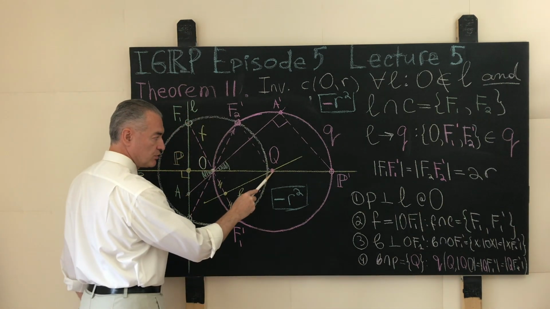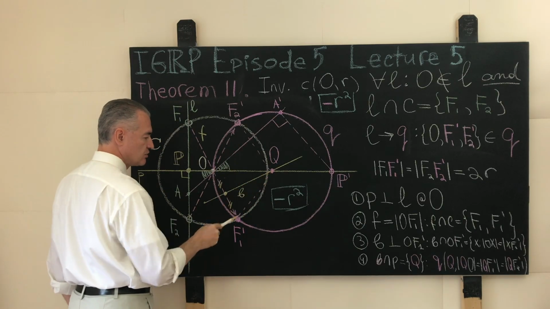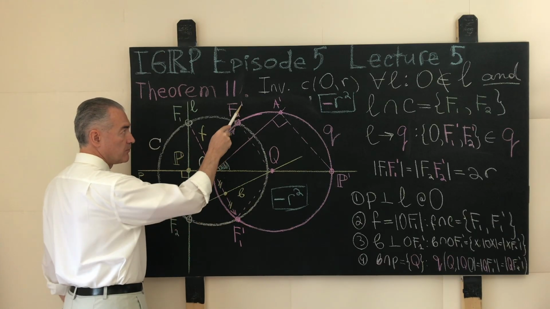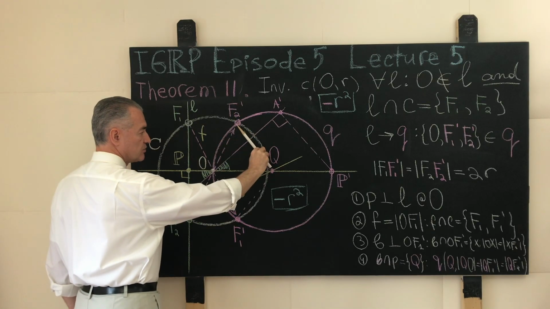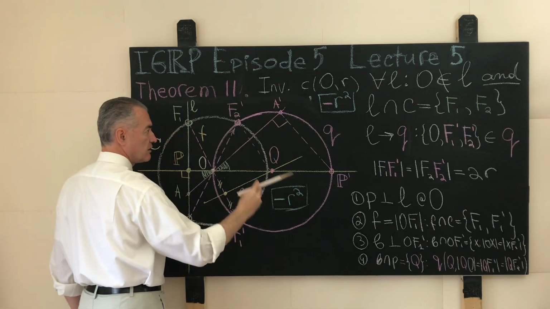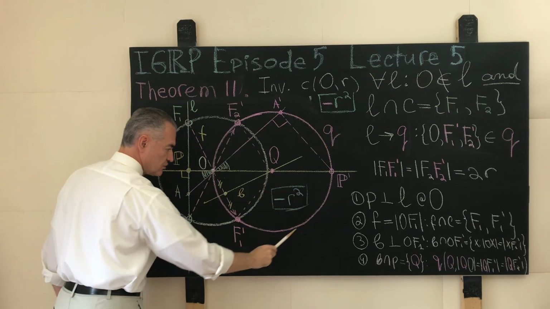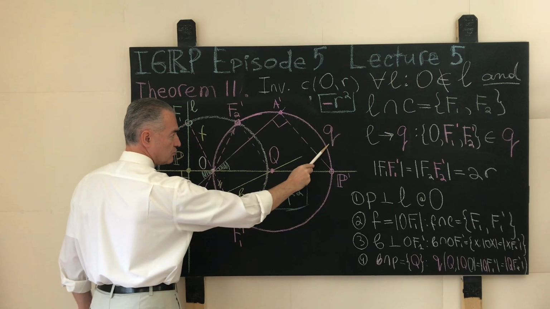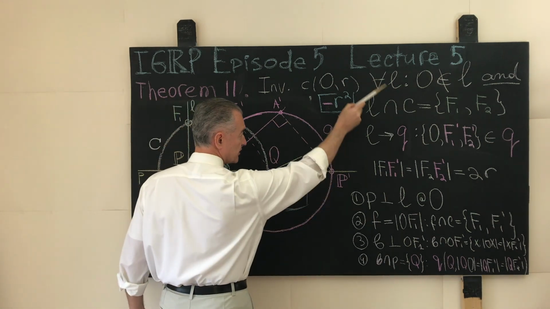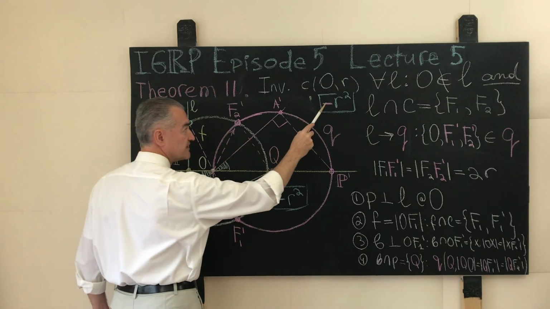The distance from the point Q to the center of inversion O, or to any of the images of the common points F prime 1 or F prime 2. That distance will be the same between all 3 points, so we snap a circle, and that circle is Q prime, Q, shown in red. Q, red circle, is the image of the given straight line L that satisfies these conditions under the inversion of the parent plane with respect to a circle with negative power.